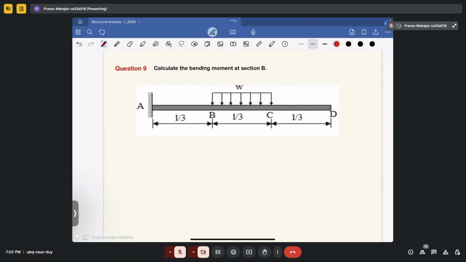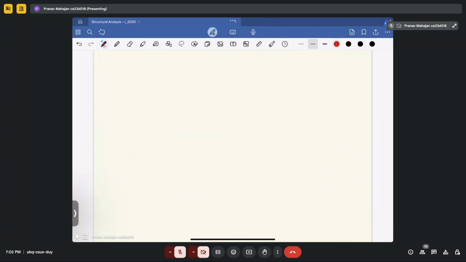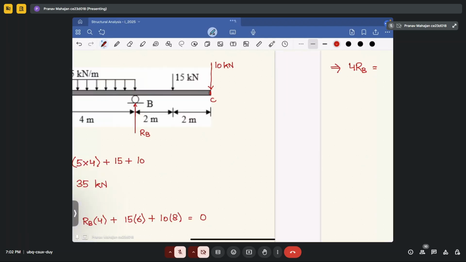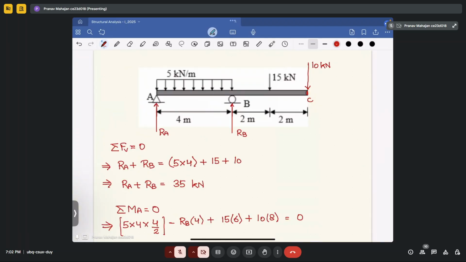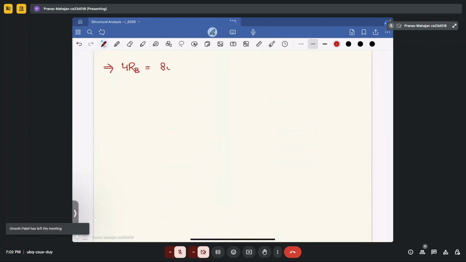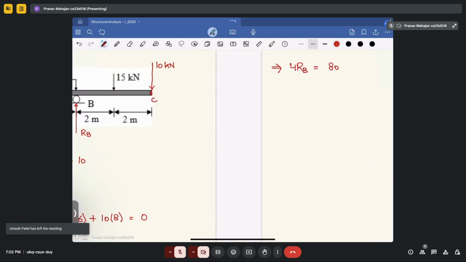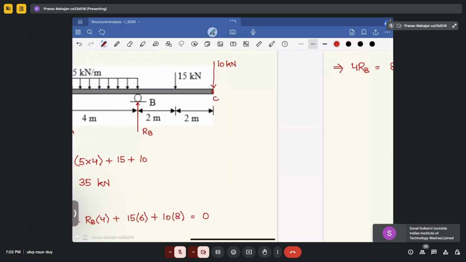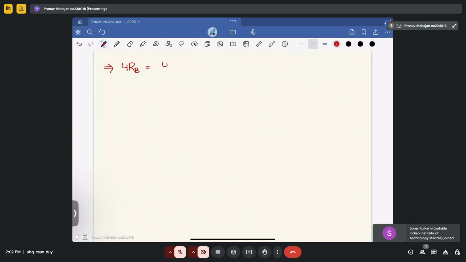Okay. If I am taking RB to the other side, it will give you 4RB equal to, 5 into 4 is 20, 20 into 2 is 40, so this will be 40 plus 90 plus 80.